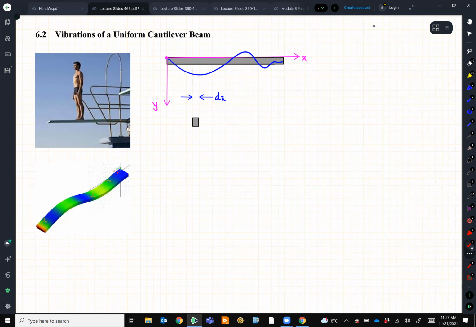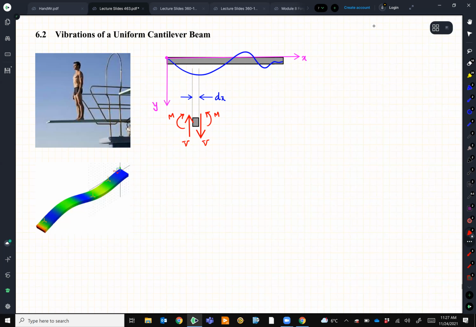So let's say, following the same rules that we have in MEC 360, depending on the left or right side of the dissection, I have V over here, I have V over there, and M here, another M there. If you forget, when we have a beam, at any point we do a cross section of that beam. At the cross section, we have internal bending moment, which we show by M, and internal shear force, which we show by V.